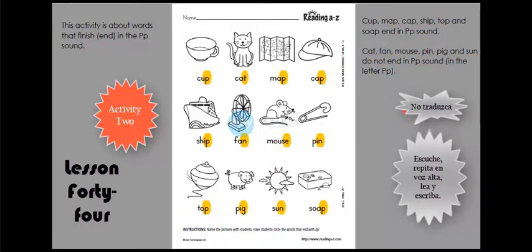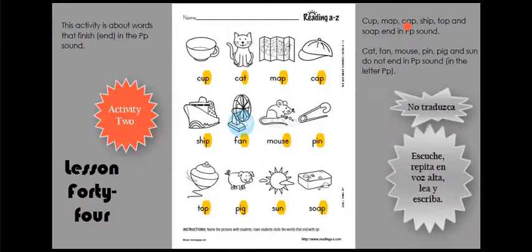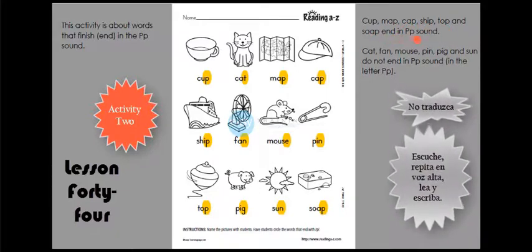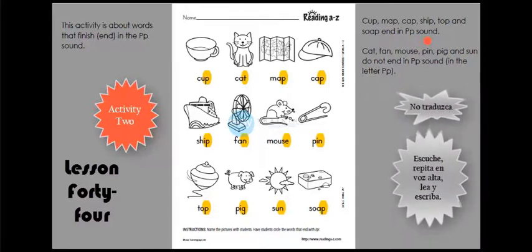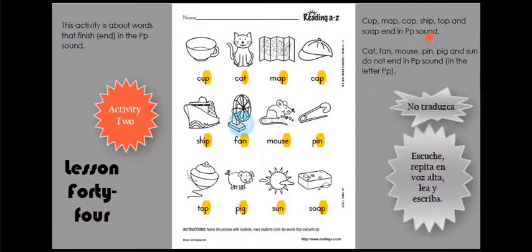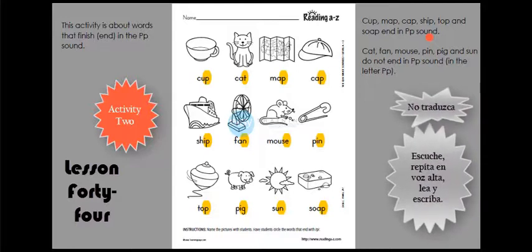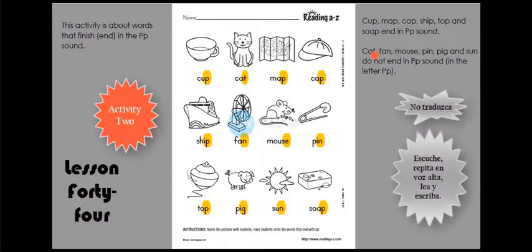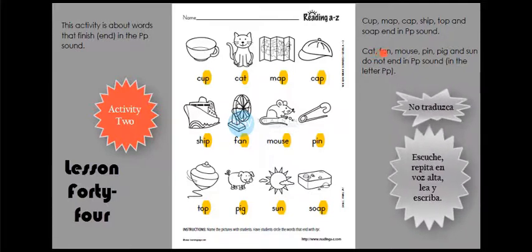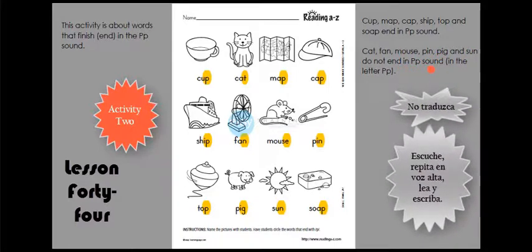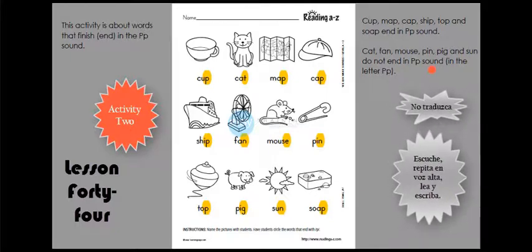Cup, map, cap, ship, top, and soap end in P sound. Or cup, map, cap, ship, top, and soap end in the letter P. And the next sentence, cat, fan, mouse, pen, pig, and sun do not end in P sound or do not end in the letter P.